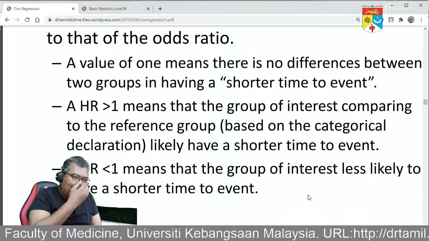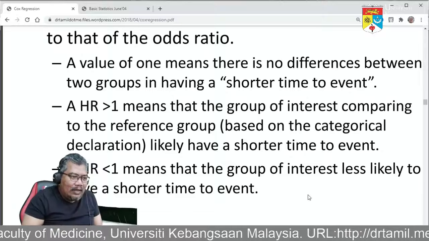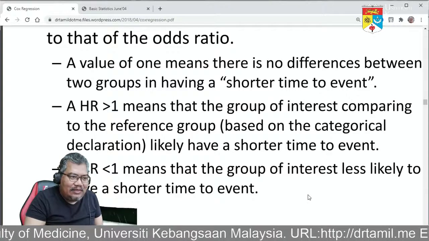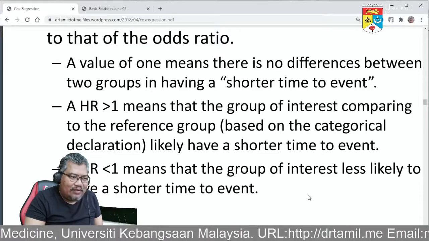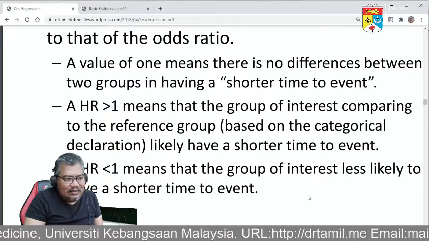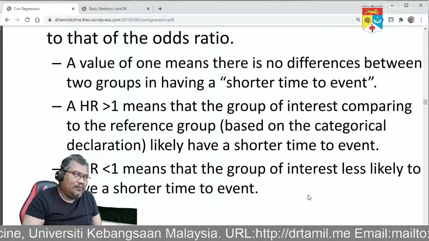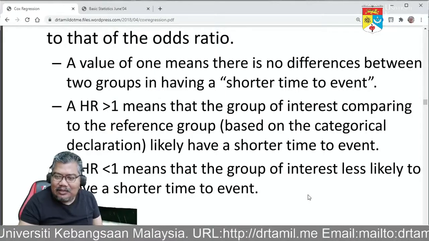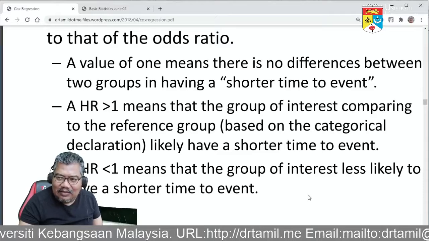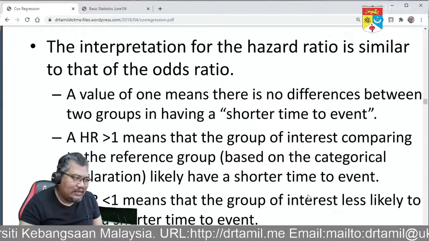What you're interested in is the hazard ratio. A hazard ratio larger than 1 means a shorter time to event. A hazard ratio less than 1 means less likely to have a shorter time to event. That is the difference of Cox regression.